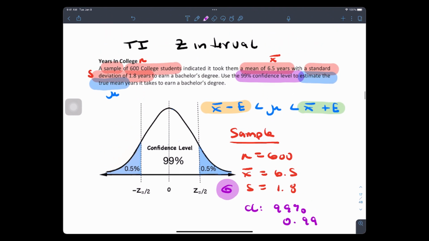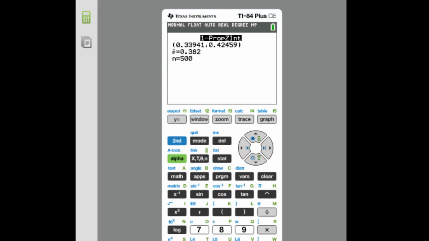In order to use Z interval, you have to know the population standard deviation, which is really a bad assumption. Anyway, you're going to see that in the TI. You say, what do you mean in the TI? So when we go to that TI, like we've been doing, right? TI.